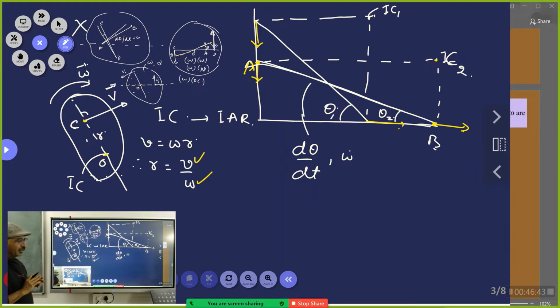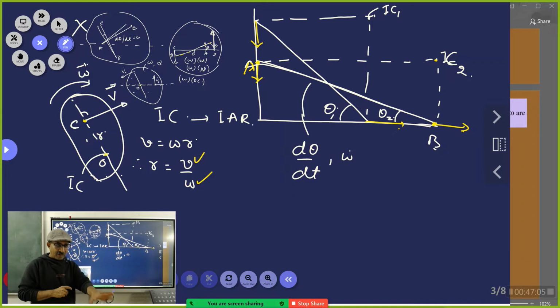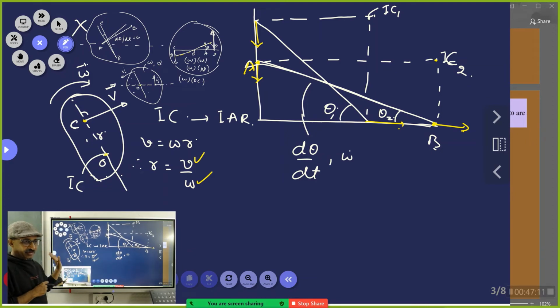That will be the instantaneous center of rotation. Now you see, center of mass is separate, geometric center may be different, center of gravity may be different, and you have now got another thing, the instantaneous center.